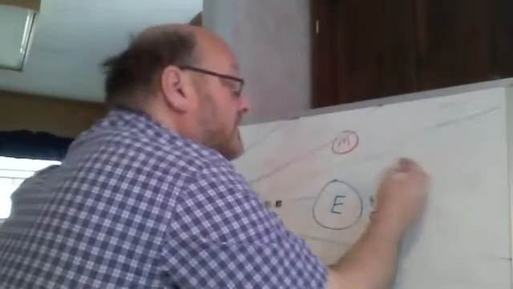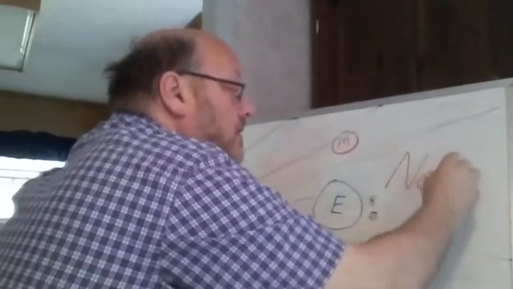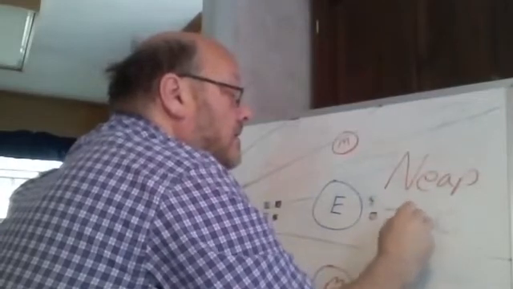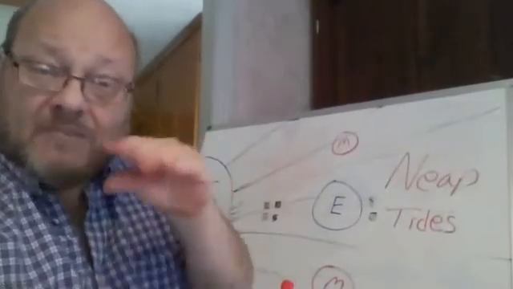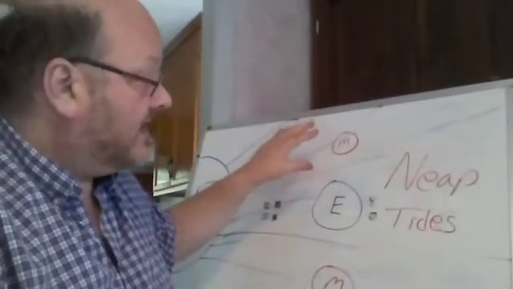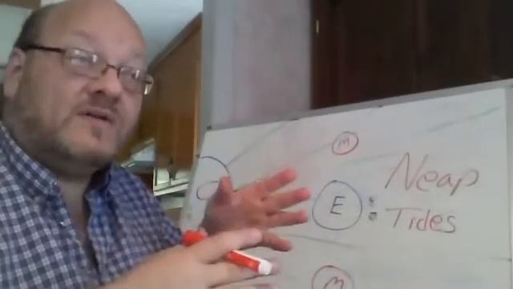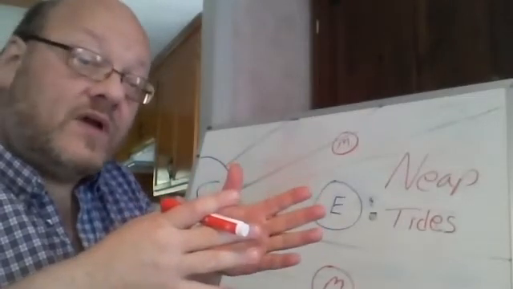And we call this neap tides, like a little chicken. Neep, neep, neep. Neap tides, small. That has the smallest high tide and the highest low tide.